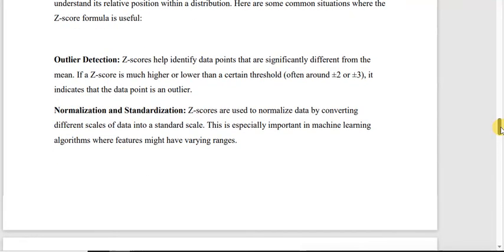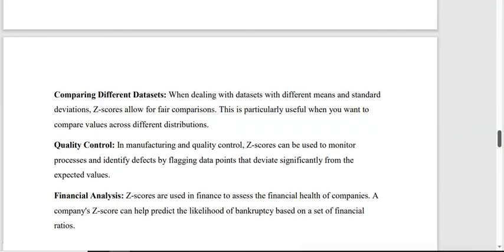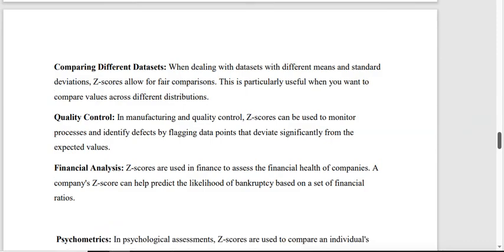Then we have normalization and standardization. Z-scores are used to normalize data by converting different scales of data into a standard scale. This is especially important in machine learning and algorithms where features might have varying ranges.